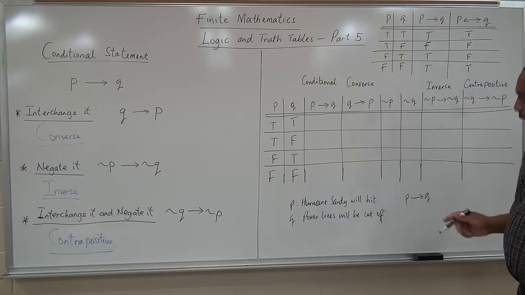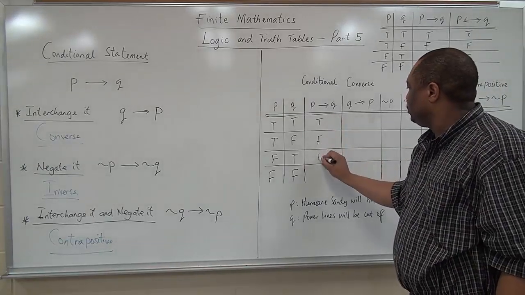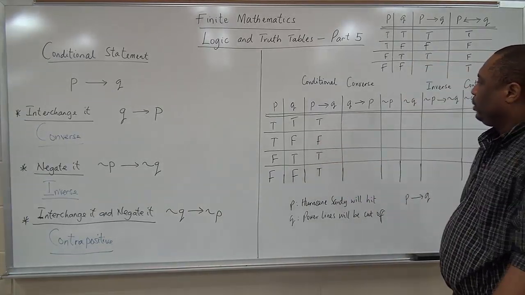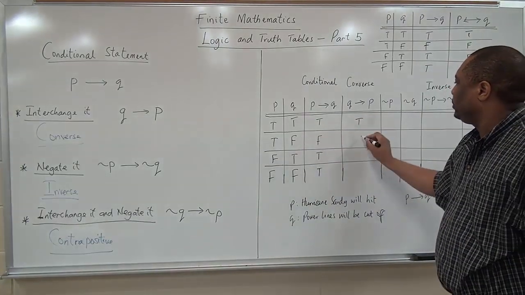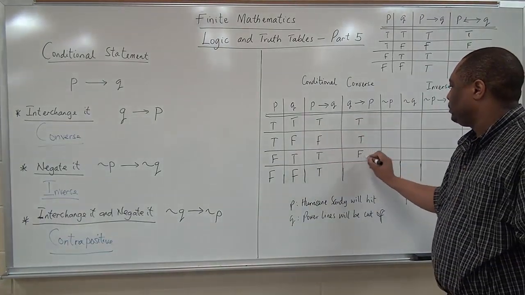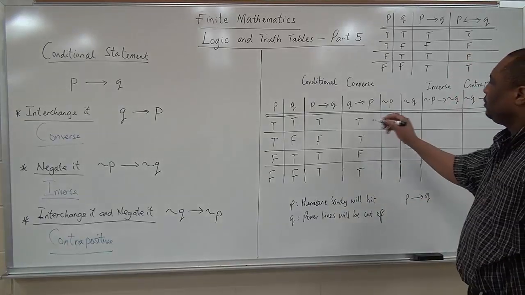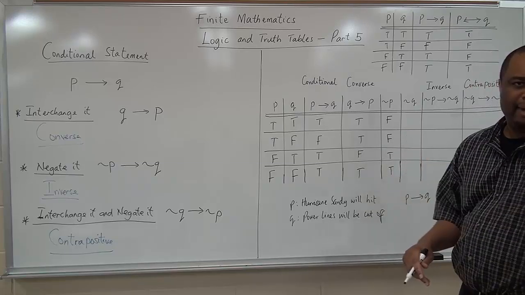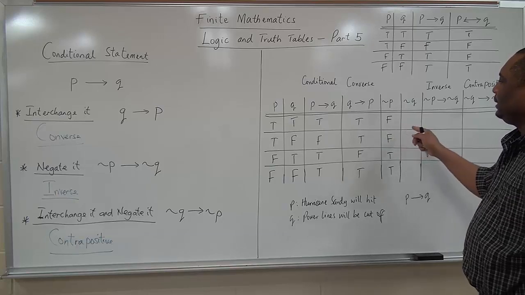Now let's look at them. So this will be true, this will be false, this will be true, and this will be true. Here, Q implies P: T implies T is true, F T is true, T F is false, F F is true. In this case, negation of P, this is F F T T. Please view my previous videos and you will understand it.